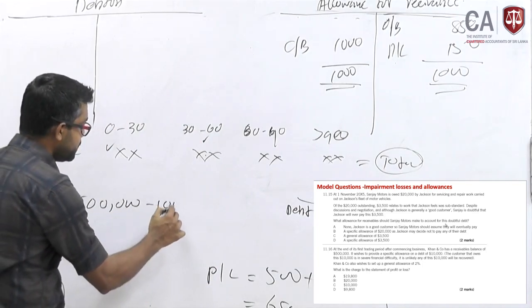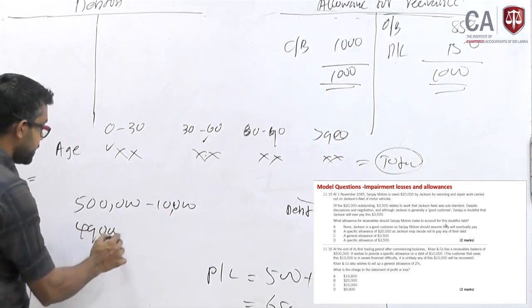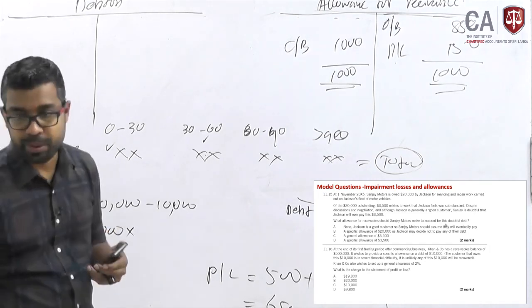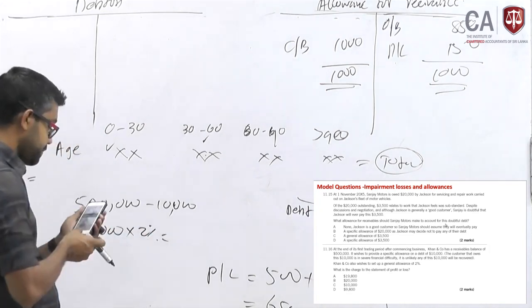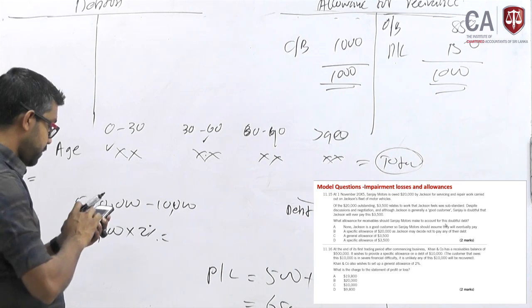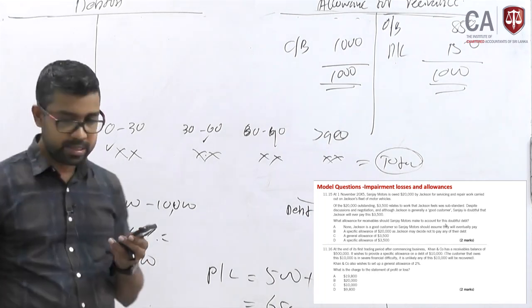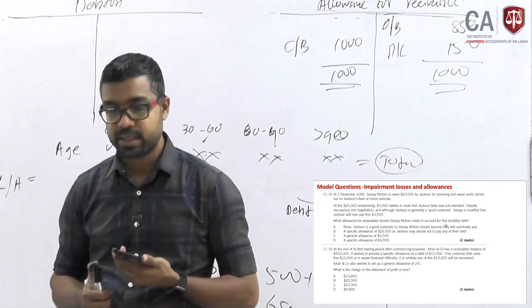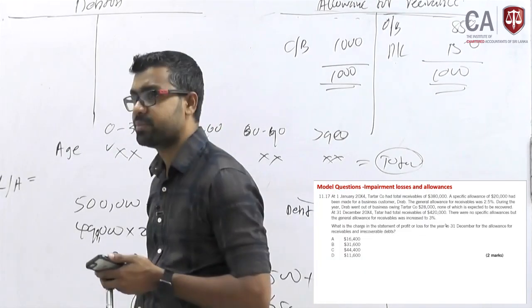Now 10,000 has already gone as specific provision, so 490,000 is the remaining amount, out of which you charge 2% as general provision. 490,000 times 2% is 9,800, plus 10,000, 19,800 would be the answer. So the answer is A. Last question.